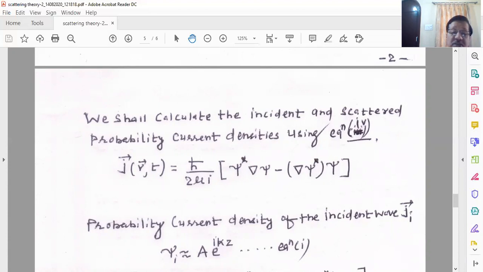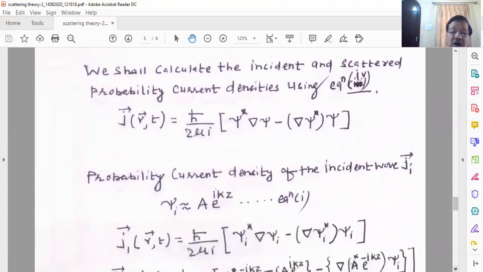So I wrote the expression of the incident wave function, that is psi_i equal to A e to the power of ikz, where A is some constant which is used to normalize the wave function, right? Now I write down the general expression, this is the general expression. Now I'm writing it for the incident current density.